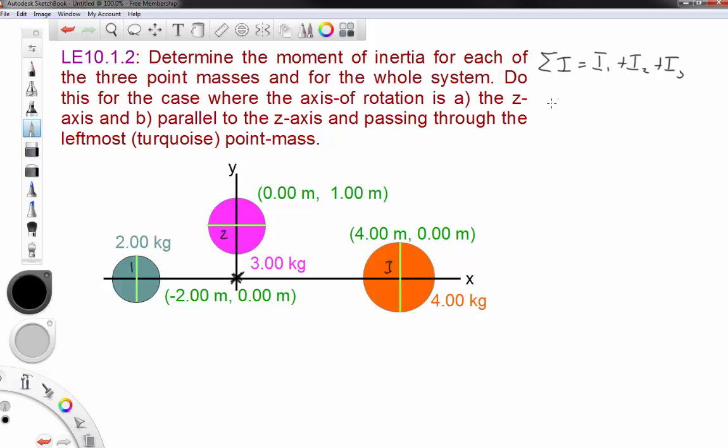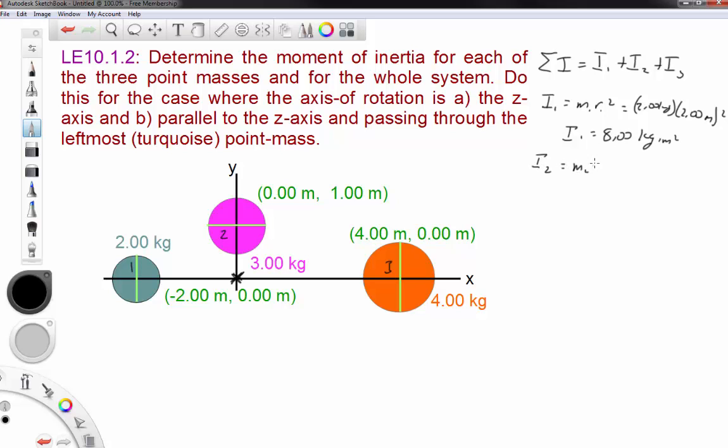It's 2 kilograms. So I number 1 is m1r1 squared. That's going to be 2.00 kilograms times 2.00 meters squared. So I1 would be 8.00 kilogram meters squared.